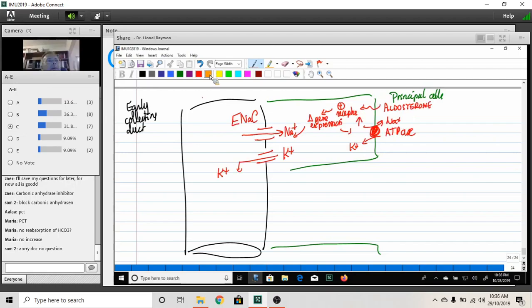So I left a gap, and if I left a gap, it's because in between here, intercalated cells. And look what intercalated cells do. To go back to the beginning of our evening, they take CO2 from Krebs cycle. They take water from electron transport chain. And with their carbonic anhydrase, they have a net production of protons and bicarb.